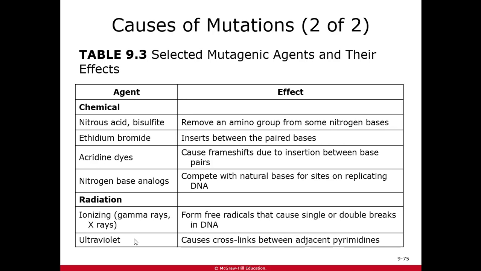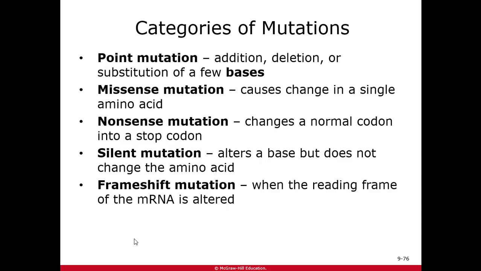Now we do group mutations. There are different kinds of mutations. Now I'm going to show pictures, I like pictures, of these different mutations. Point mutations just means you're going to add, delete, or change a base. At one point we're going to change just one thing. A missense mutation is a change in just one single amino acid.